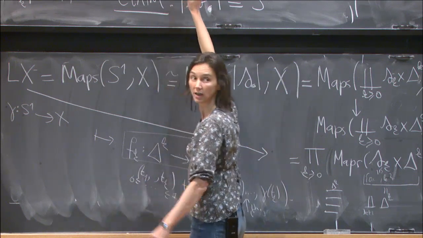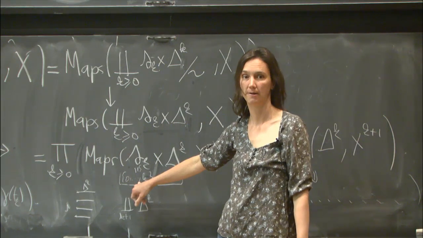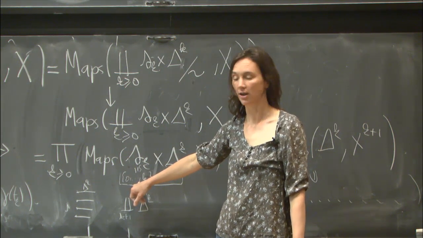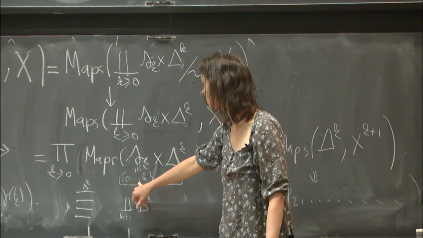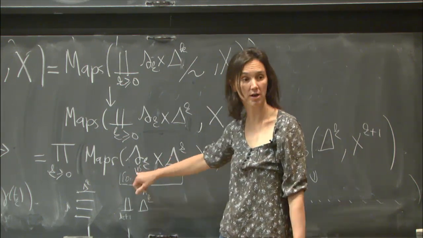It's the map of the copy of delta k associated to the corresponding simplex. What does this simplex have to do with S1?